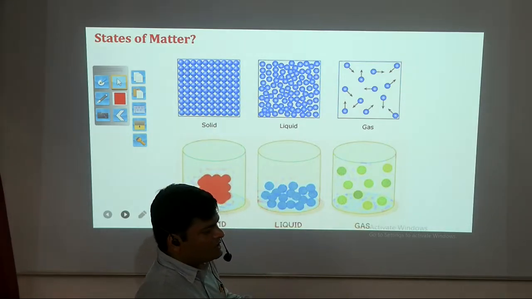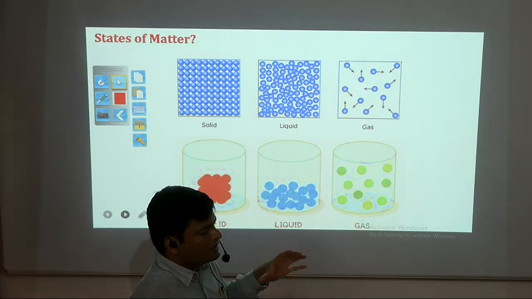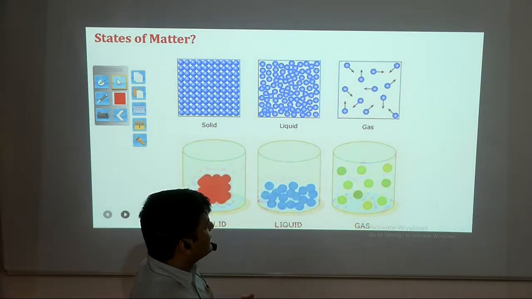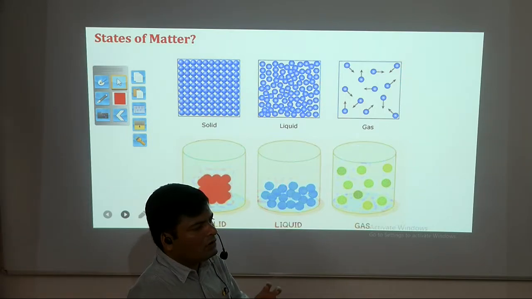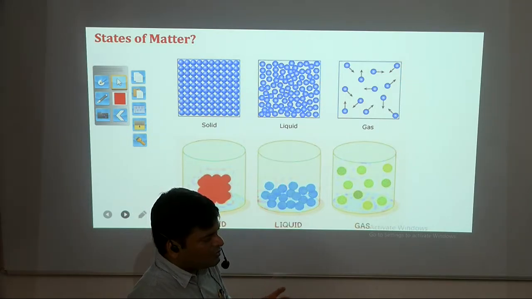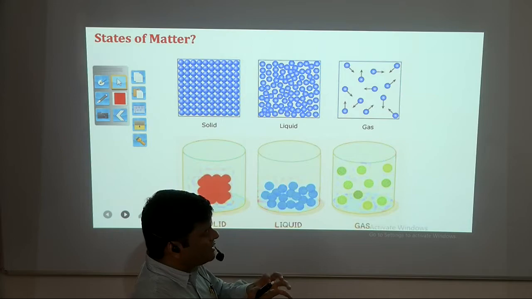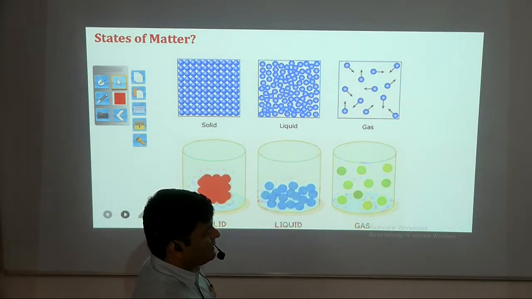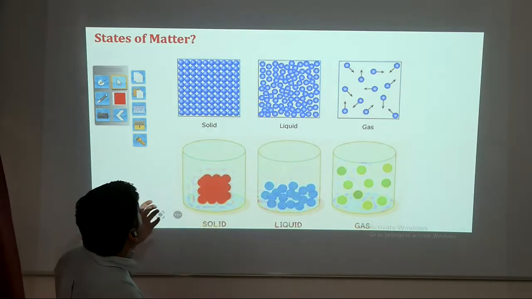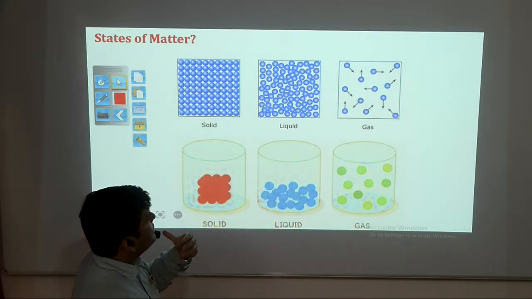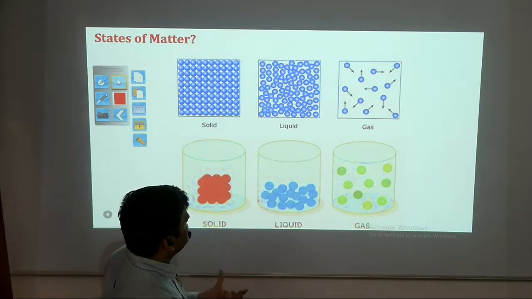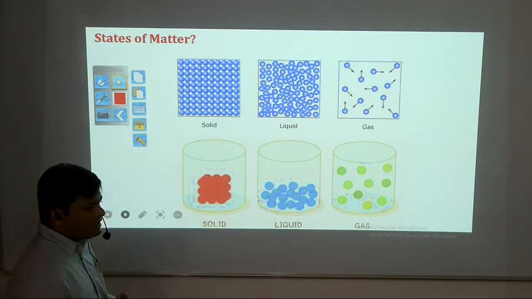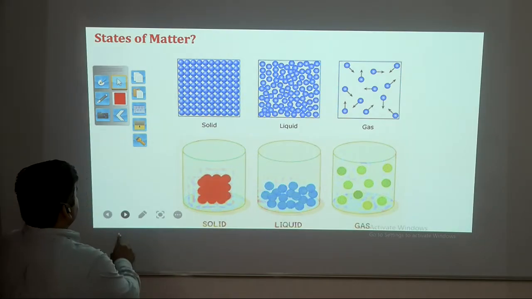But if we increase the volume of the container, the gas will acquire the whole volume, because there are no or very low intermolecular forces. So gas will expand according to the space available to it. This is about the different states of matter: solid, liquid and gas are the three main phases of matter.